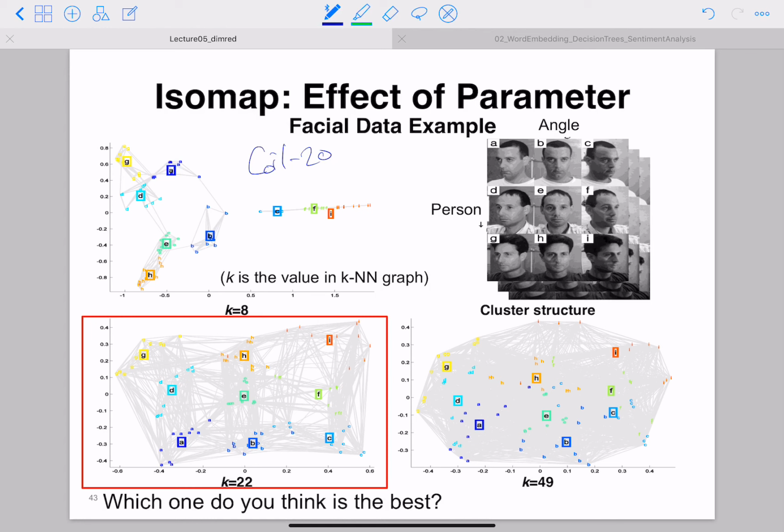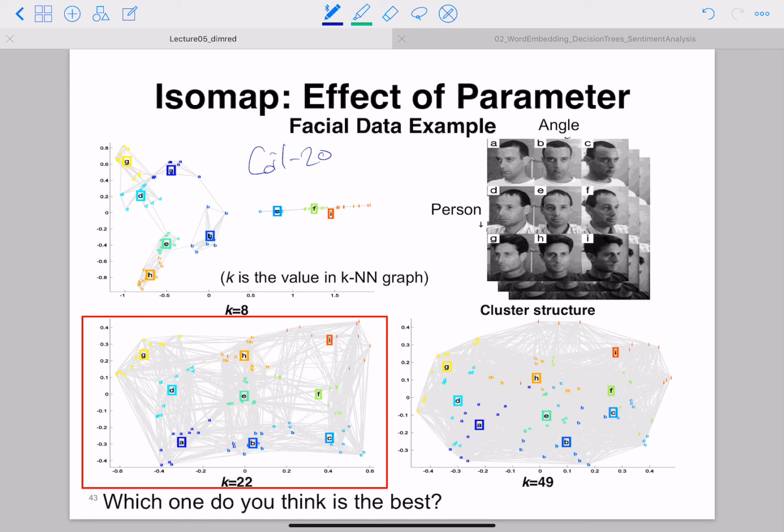And then we can obtain the same object from different angles. And then you take the photo of another object by using the same setting.